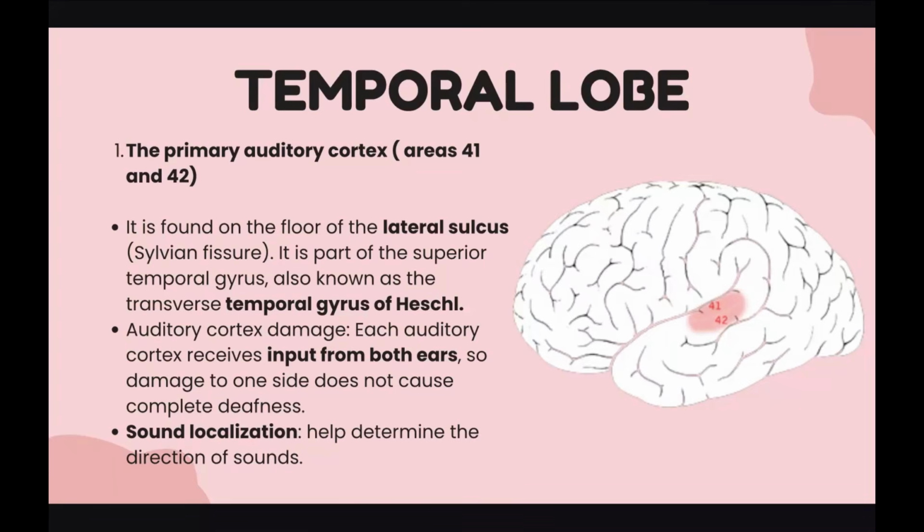So if one ear or one side of any one auditory cortex is damaged, it will not cause complete deafness. It will only cause partial deafness because you're still getting inputs from both ears to the other area.